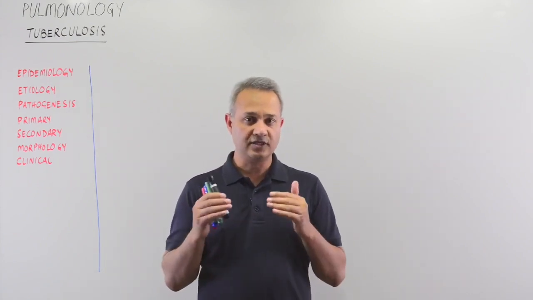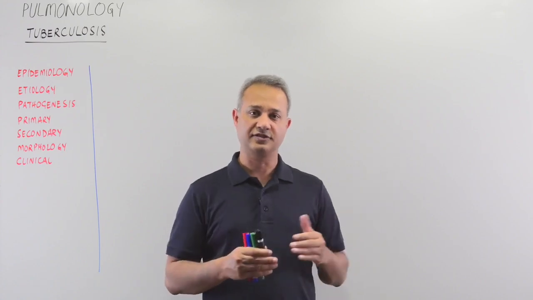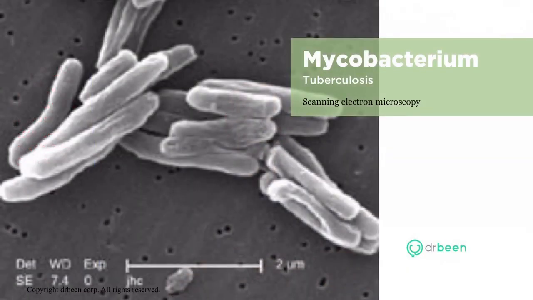Now let us look at this pathogen before we go on to the pathogenesis. Okay guys, look at this diagram over here. These rod-shaped structures are Mycobacterium tuberculosis, of the hominis type.